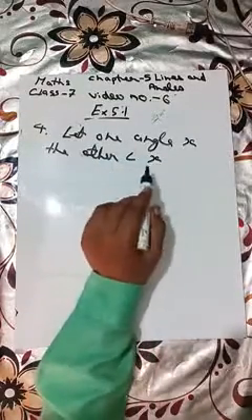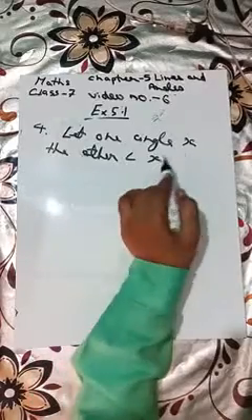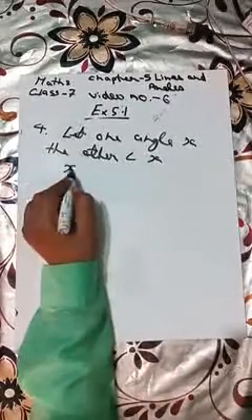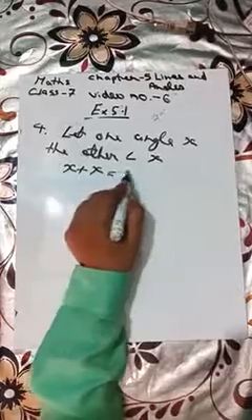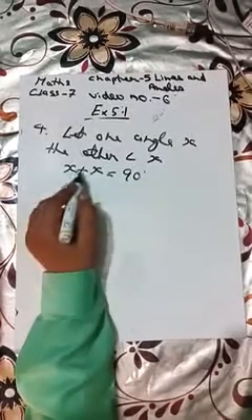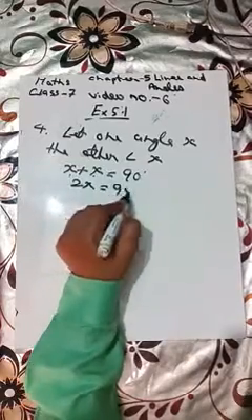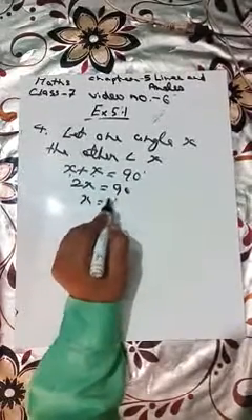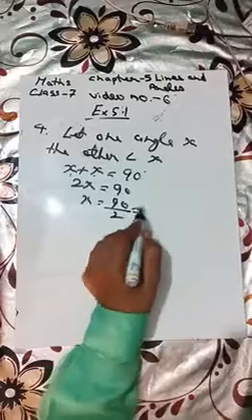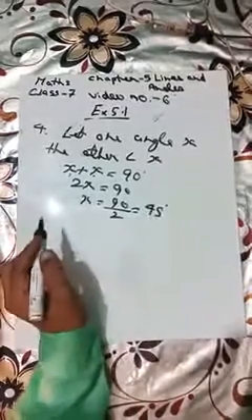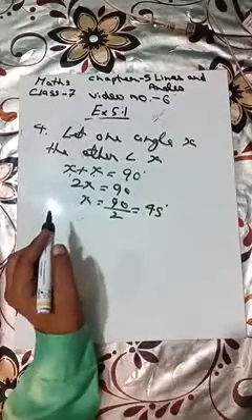Why? Because they are equal to each other. Since they are complementary angles, their sum should be 90 degree. So x plus x should be 90 degree. This is 2x equals 90 degree. Now x equals 90 by 2, that is 45 degree. Likewise, you can do question number 5.